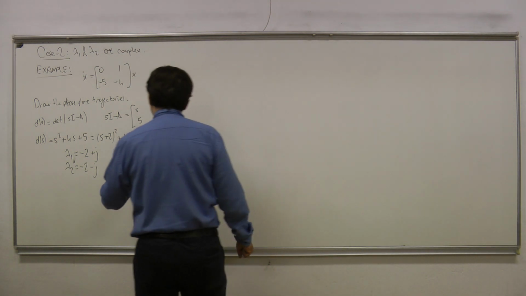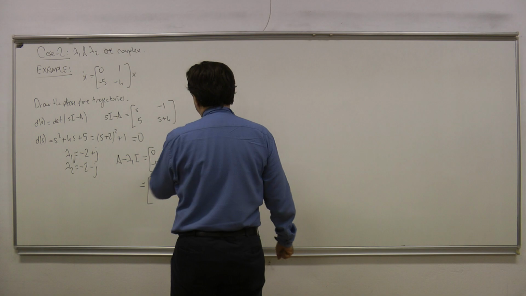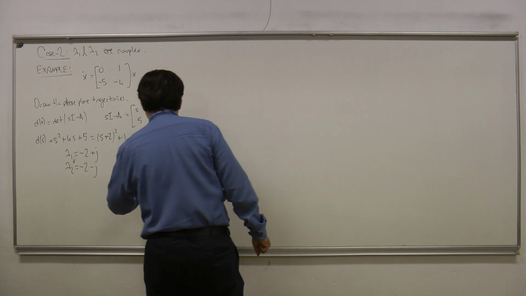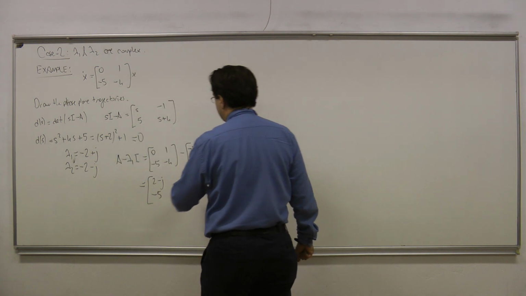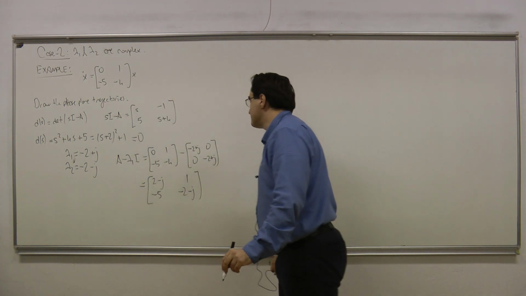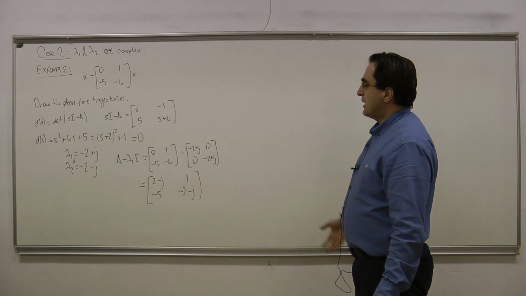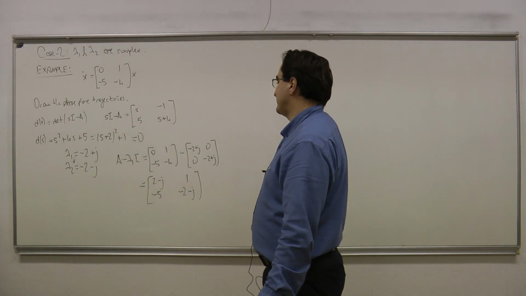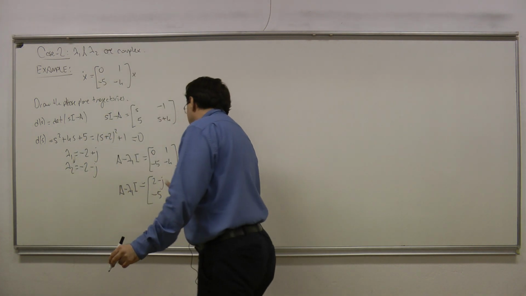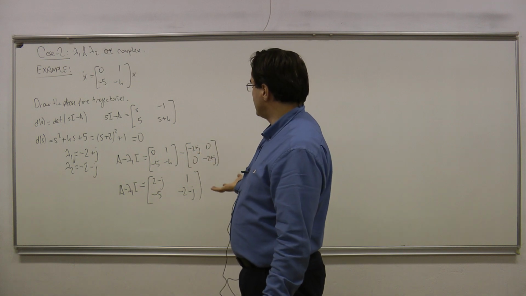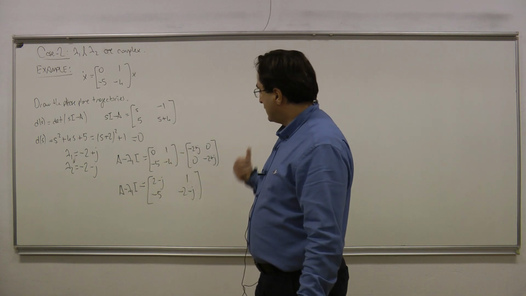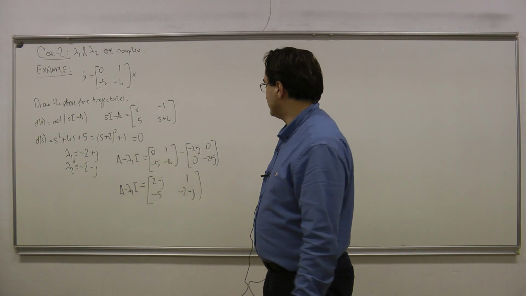That is equal to [2 minus j, 1; -5, -2 minus j]. Now I have to find a non-zero vector in the null space of this matrix, A minus lambda 1 identity. That means when I multiply that non-zero vector with this matrix, I need to get exactly the zero vector.